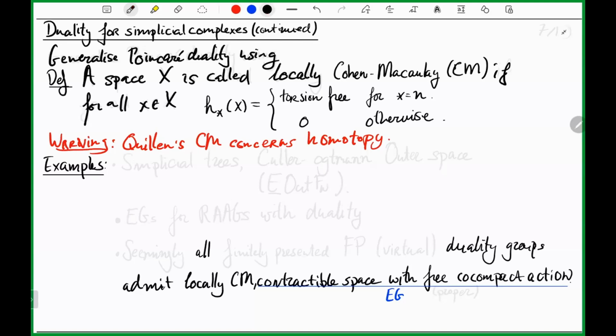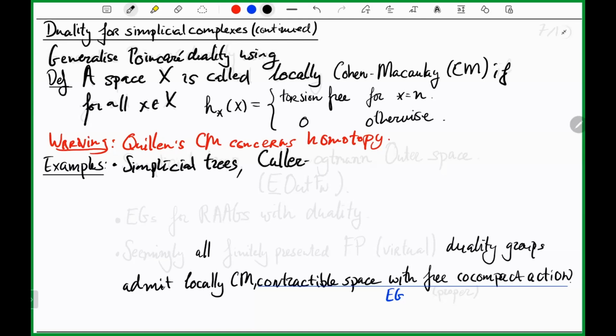Cool. So what are examples of this? Well, one of the easiest interesting examples is simplicial trees. These are particular EGs for free groups.